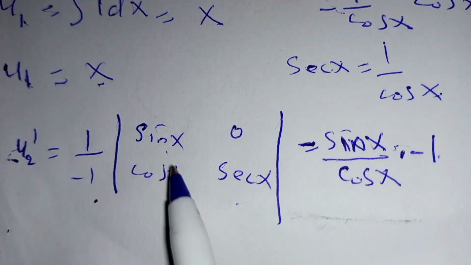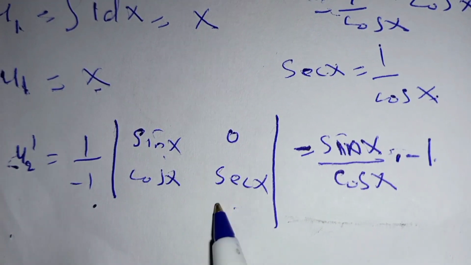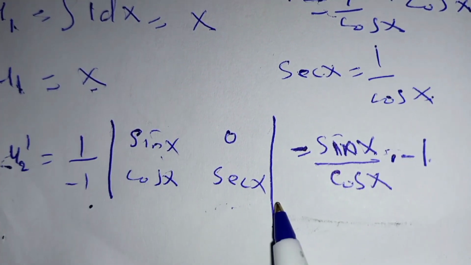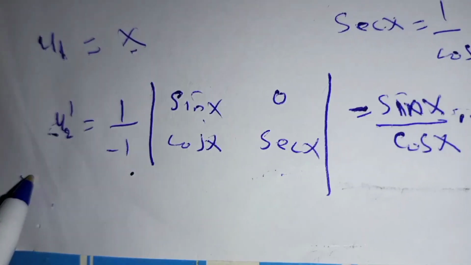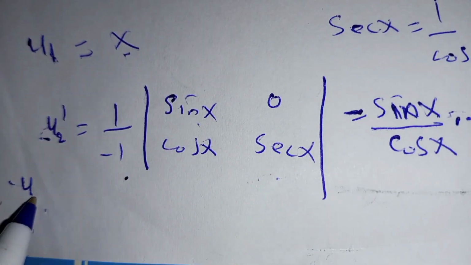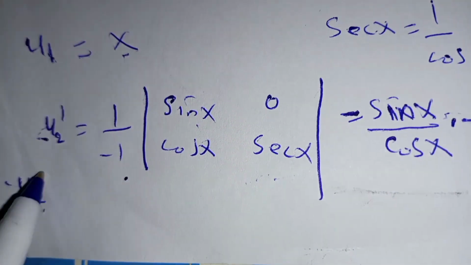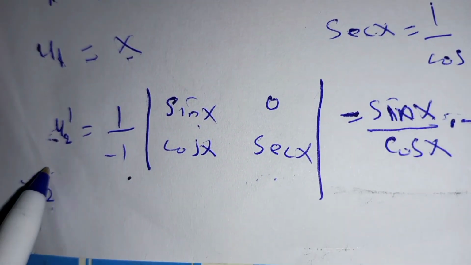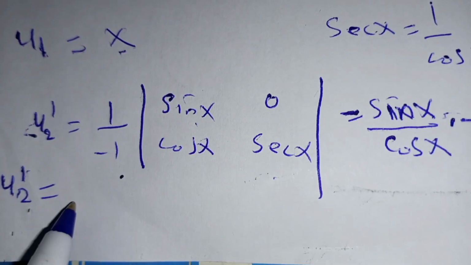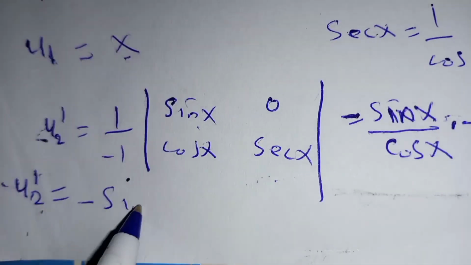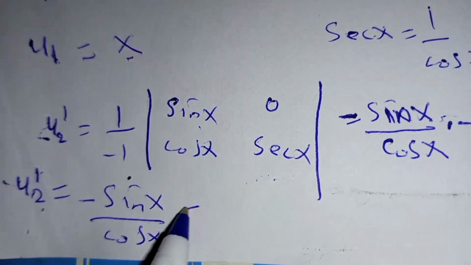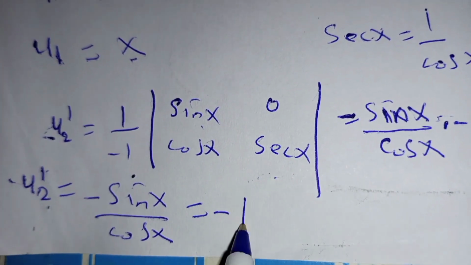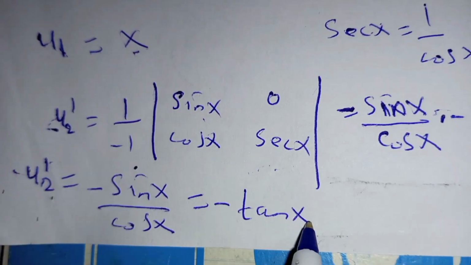So our U2 prime is equal to negative sine of x over cos of x, which is the same as negative tan of x.